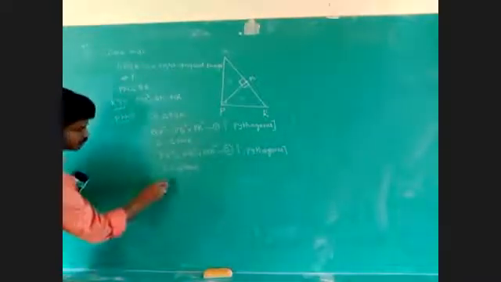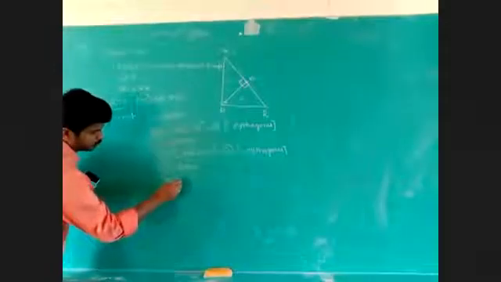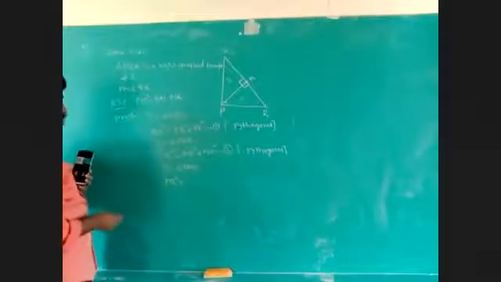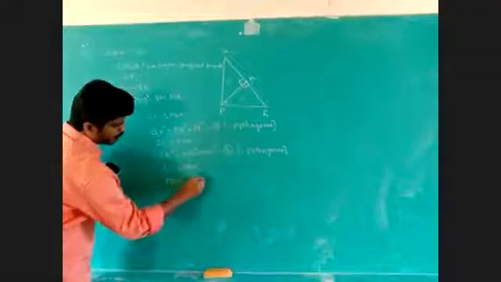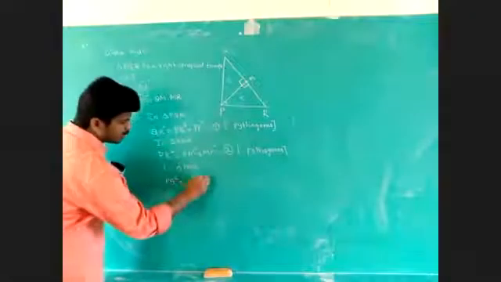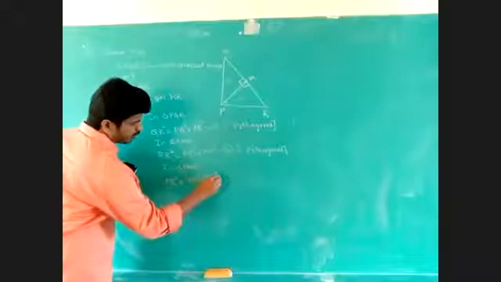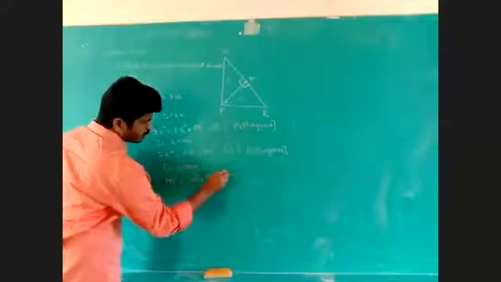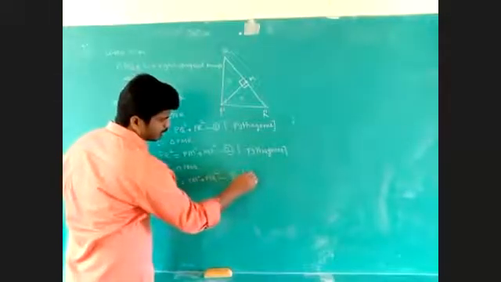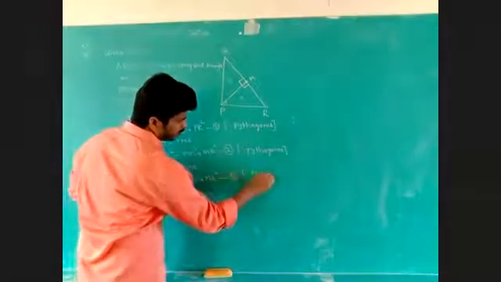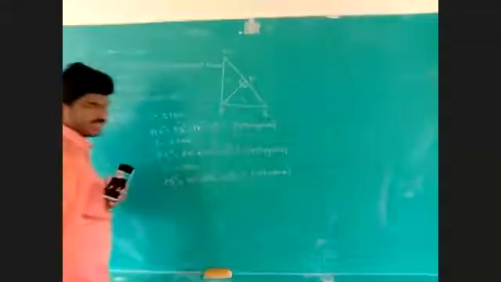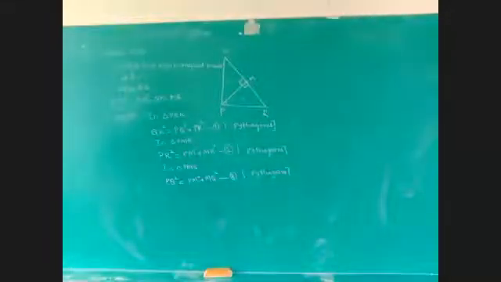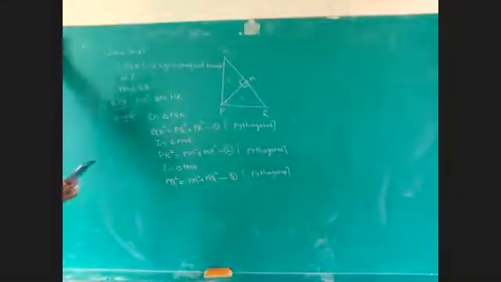PQ square equal to MQ square plus MP square, that is PM square plus MQ square. So this is equation number 3, since Pythagoras theorem. Is it clear up to equation number 3? Do you have any doubt? No, sir.